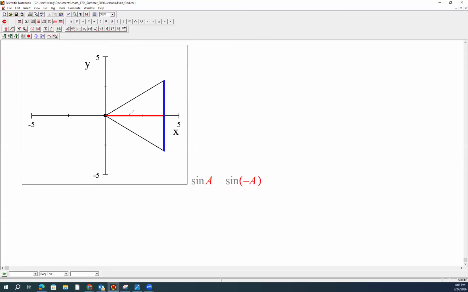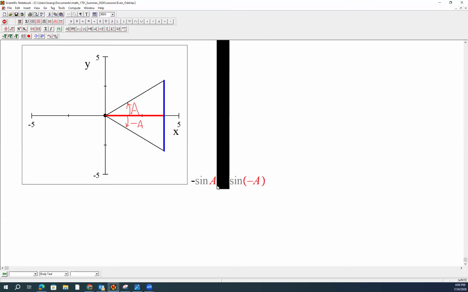So this is the angle A, and this is negative A, the opposite. The sine ratio is blue over R. The blue is opposite, R is positive, therefore the ratio is going to be opposite. So this is negative. So sine is odd.